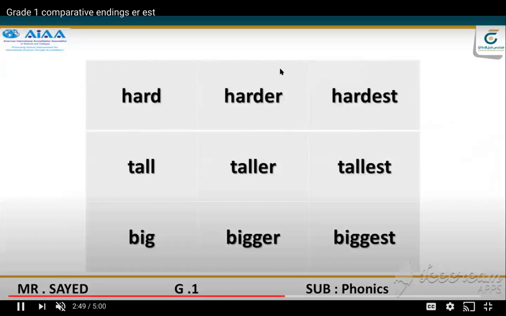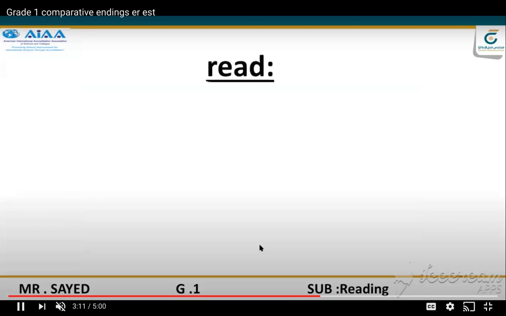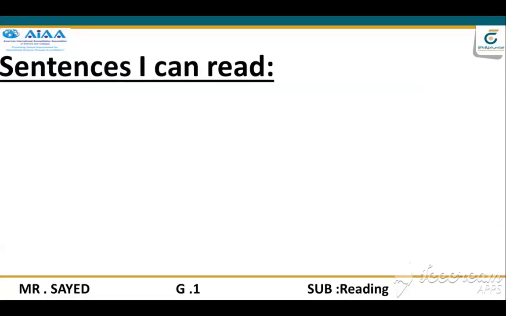So here we have hard. If we're comparing two things, we can say it's harder. And if we're comparing more than two things, we would use hardest. Tall would be our base word. Taller for comparing two things, or tallest if we're comparing more than two. Same with big, bigger, and biggest, such as the elephant is bigger than the monkey.